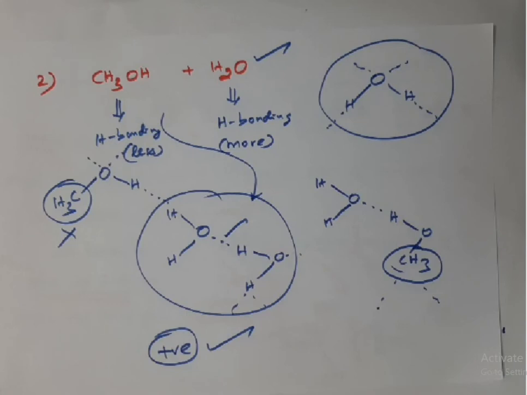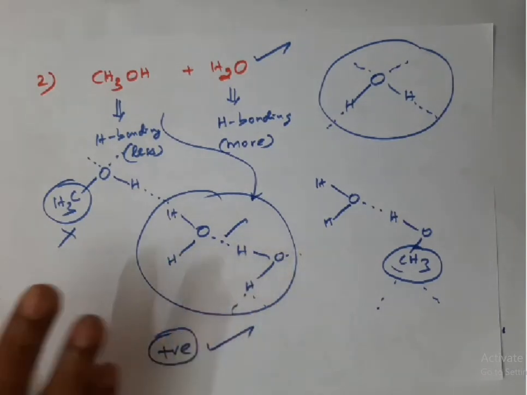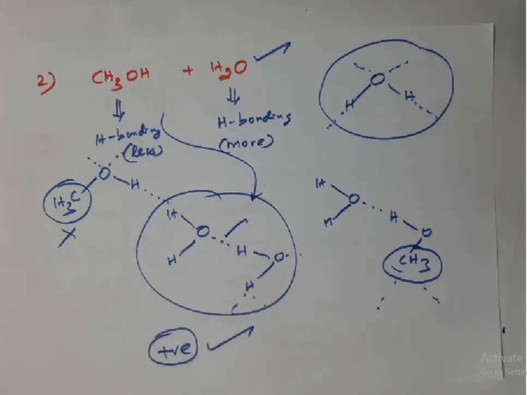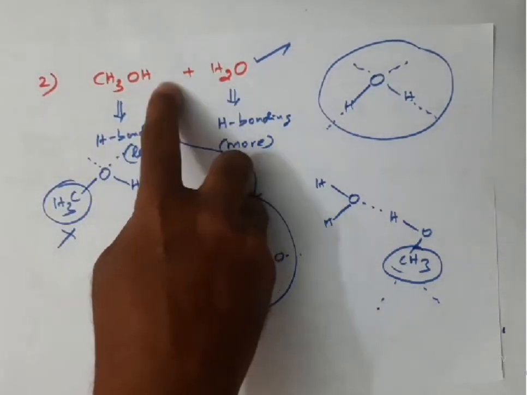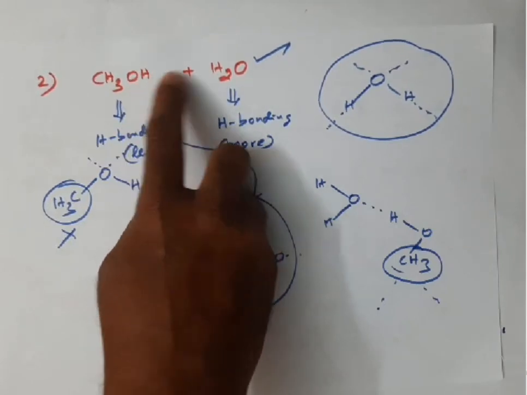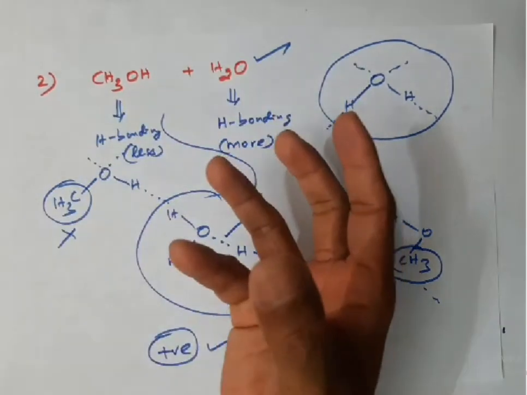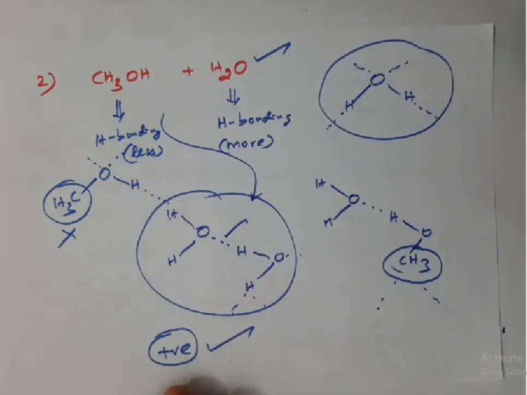We cannot follow the trick always strictly, but anyway, keep this in mind. Whenever alcohol comes, you will get positive deviation. Okay, good. Is this clear, students? Any doubt? So if you mix methanol and water and form a solution, that solution will show positive deviation.